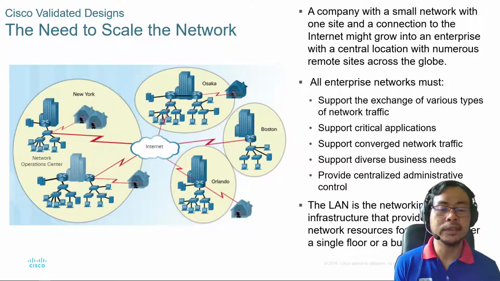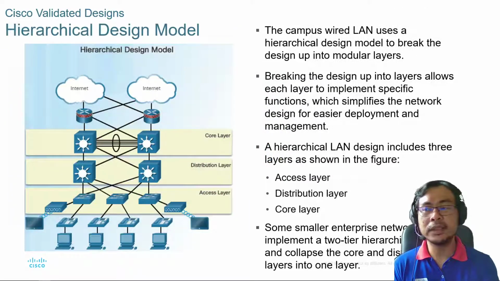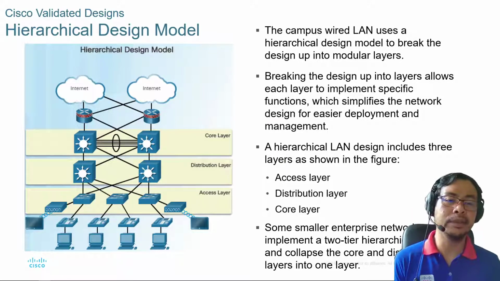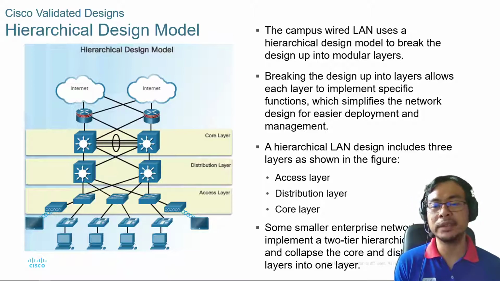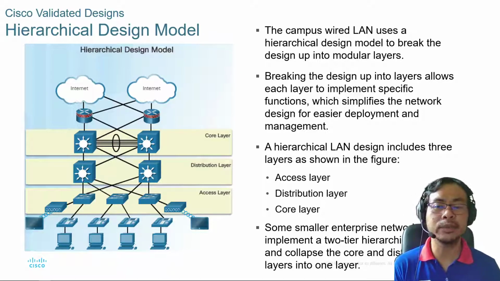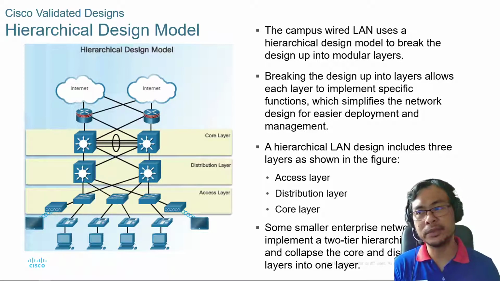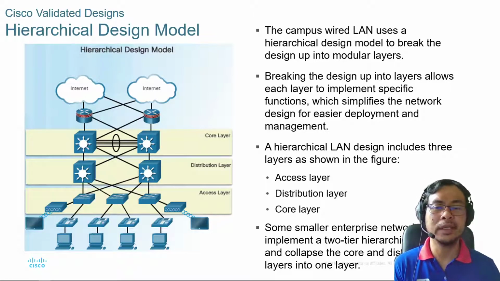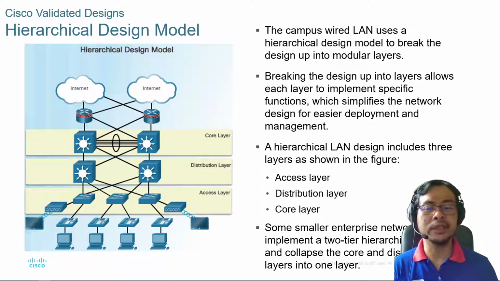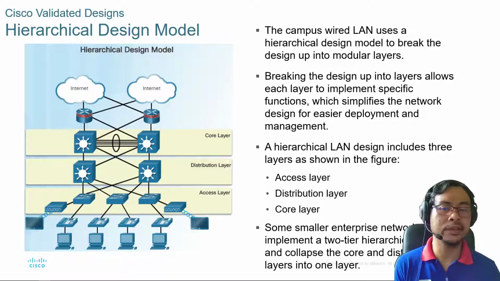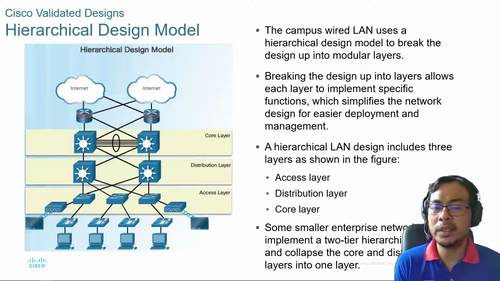Okay. So there is a design model here, which is actually being promoted by Cisco, the hierarchical network design. It is a design composed of three layers: the access layer, the distribution layer, and the core layer. There is a separate discussion for this one, but I'll give you an overview.